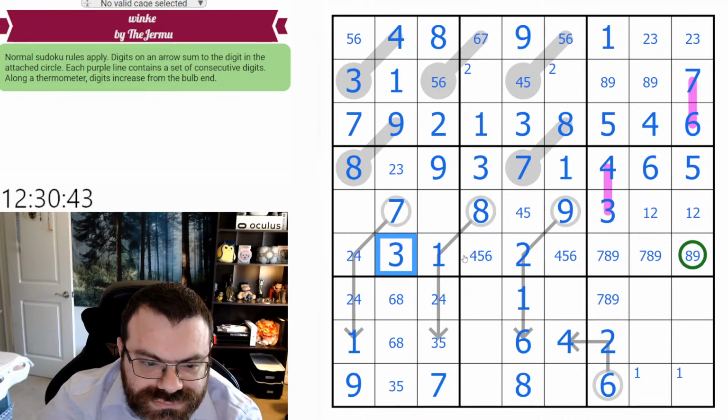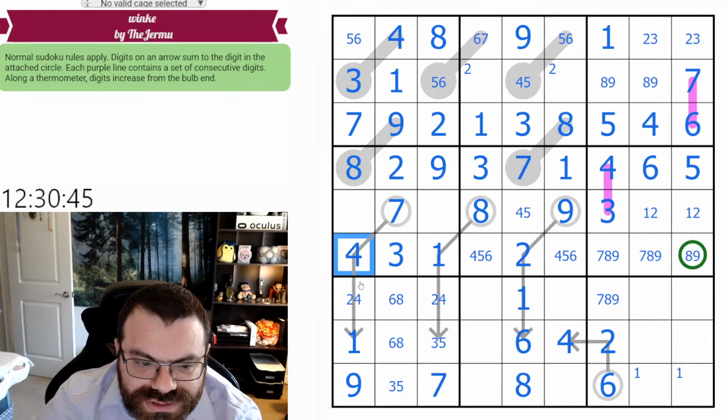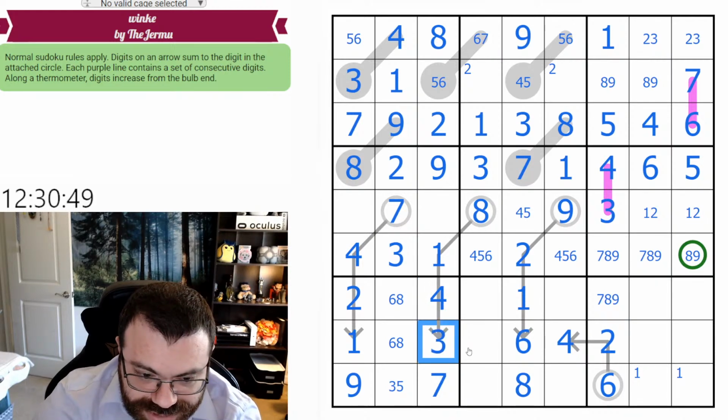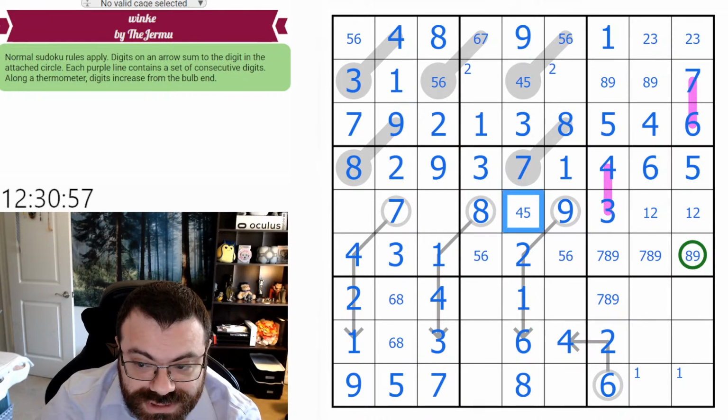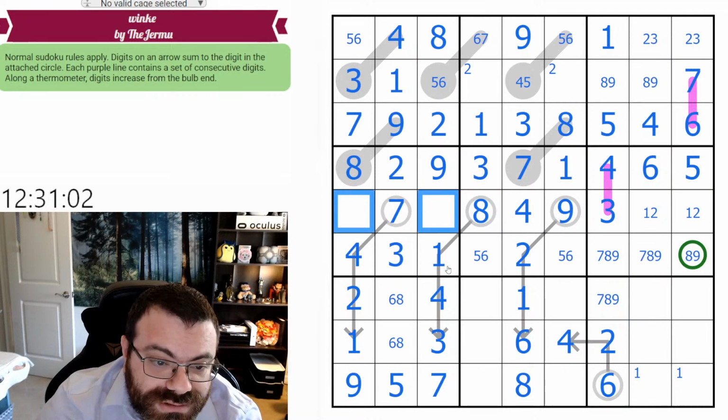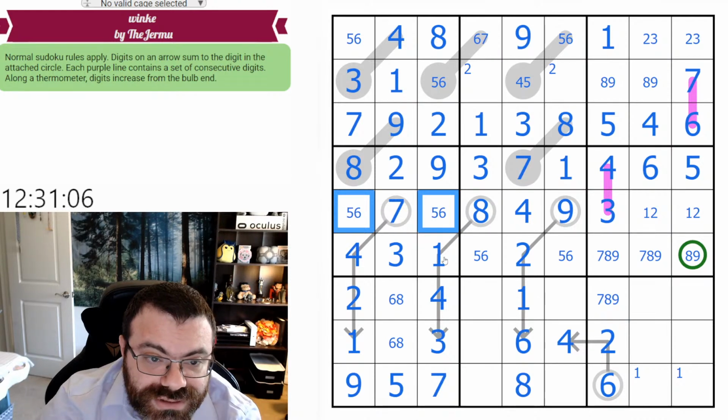Yeah. That's 2, that's 4, that's 2, that's 4. That's 3, 5. This can't be 4, so that's a 4. This is a pair. We need 5 and 6. Darn.